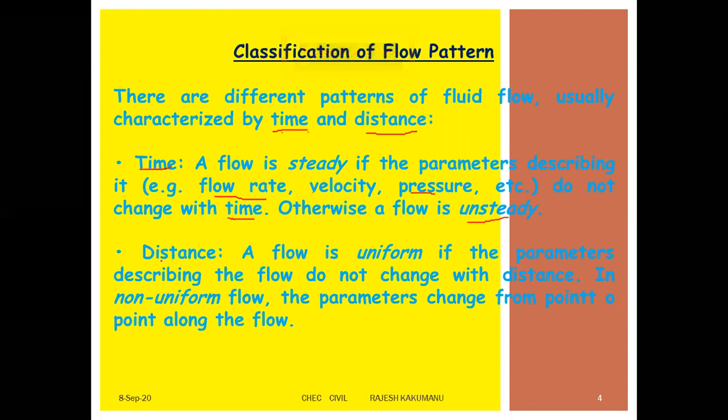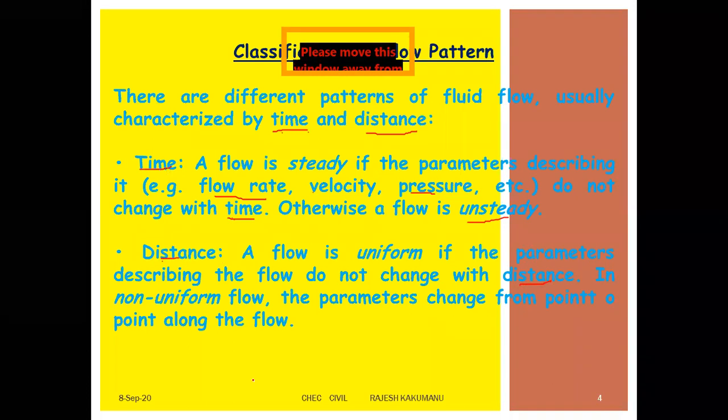Next, distance. A flow is uniform if the parameters describing the flow do not change with the distance. So when they do not change with distance, we call it a uniform flow. In non-uniform flow, the parameters change from point to point along the flow.